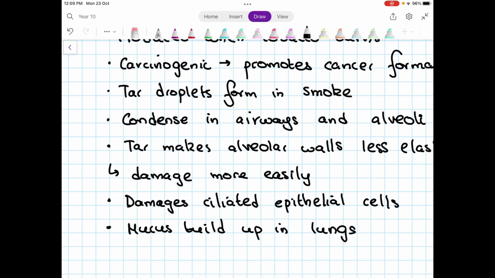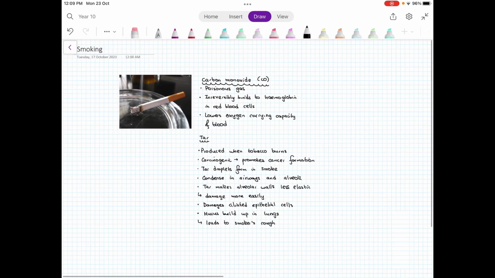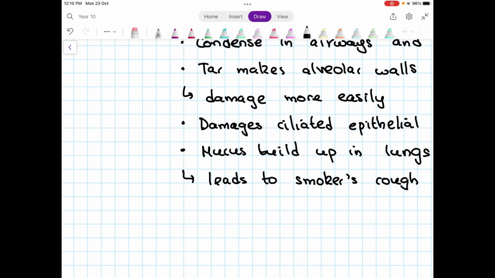As a result of this mucus buildup, you might observe what is known as the smoker's cough, when smokers try to reduce the amount of mucus in their lungs by coughing it out. So those were the effects of tar on the body.